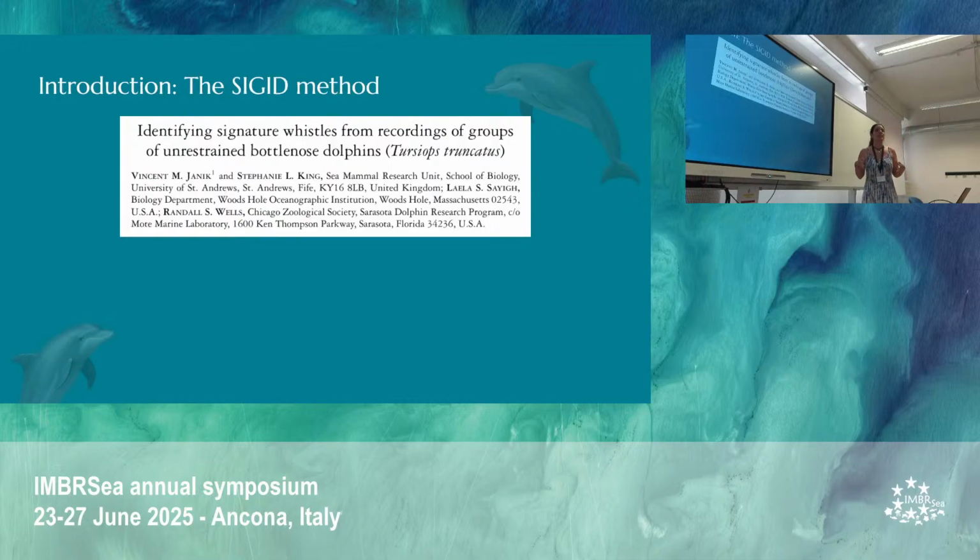But identifying these signature whistles in a recording is not that easy, and it is very necessary to identify these individuals in mark-recapture techniques to be able to do this monitoring over time.